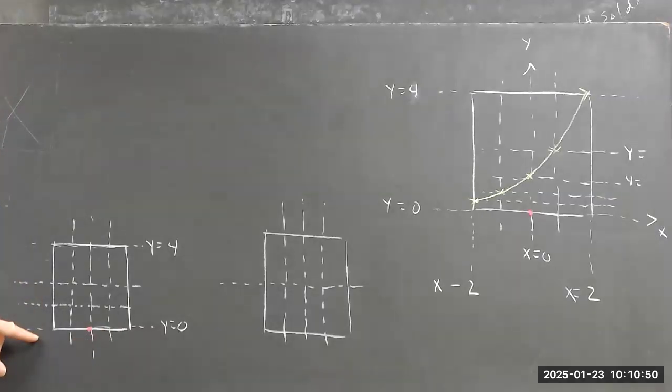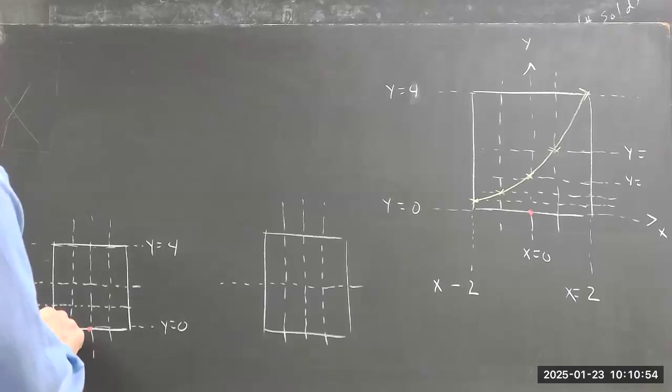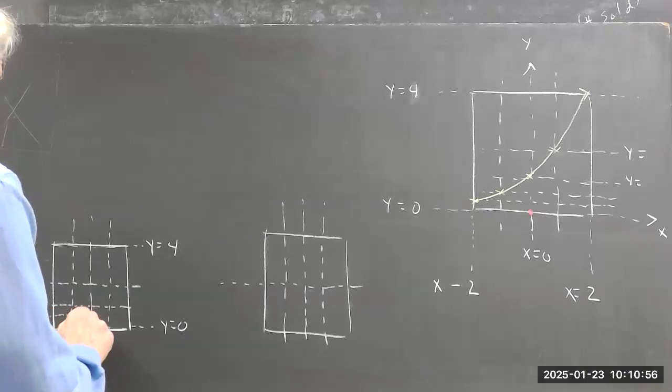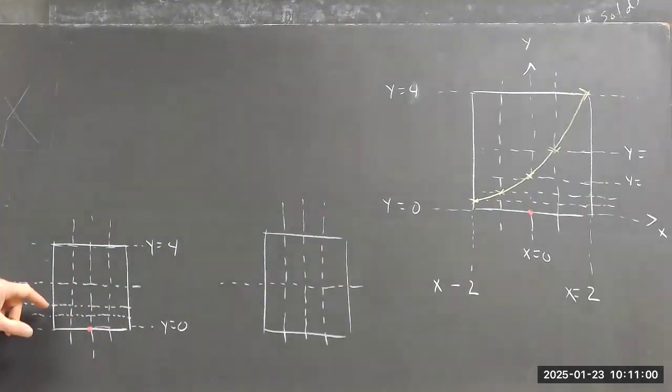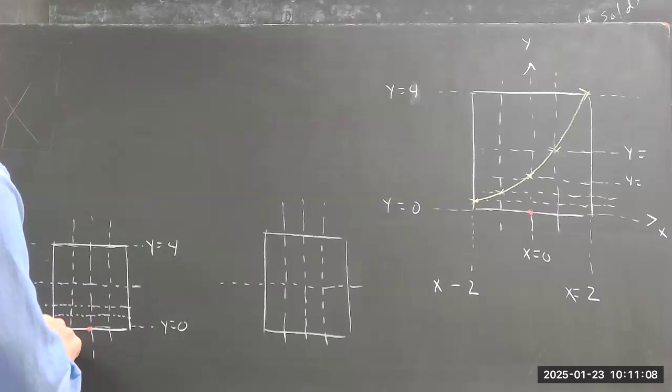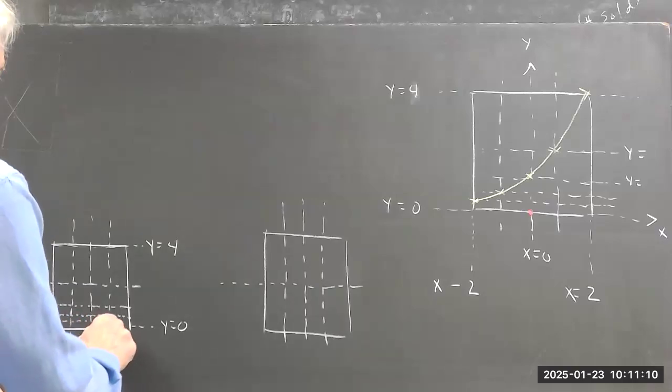Halfway between this line and the lower edge. And then halfway between this line and the lower edge, we do another line. These lines aren't equally spaced because halfway from here to here is less than this, which is less than this, obviously. Okay, then we go halfway from here to the bottom again.